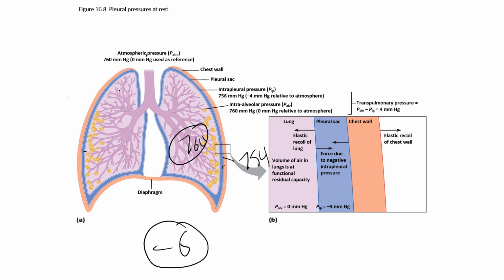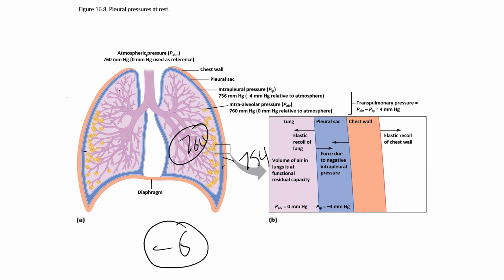What does that even mean? It means that there is a bigger pressure gradient between the air in the lungs, intra-alveolar pressure, and the air pressure within the pleural cavity. Now the gradient is 6 or -6 millimeters of mercury rather than 4.